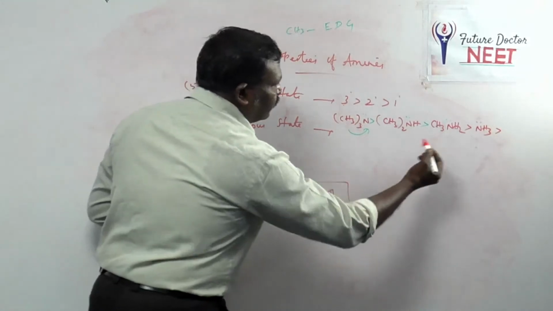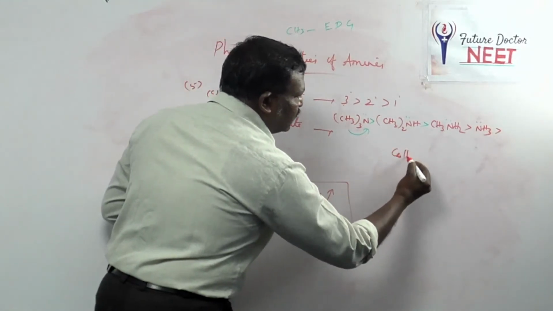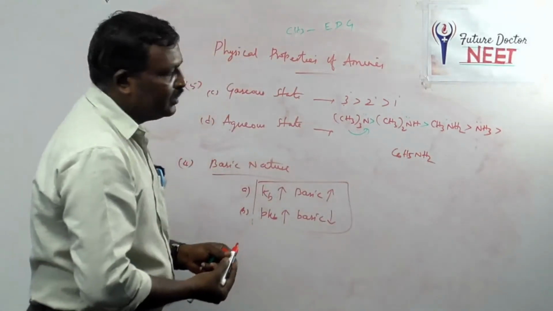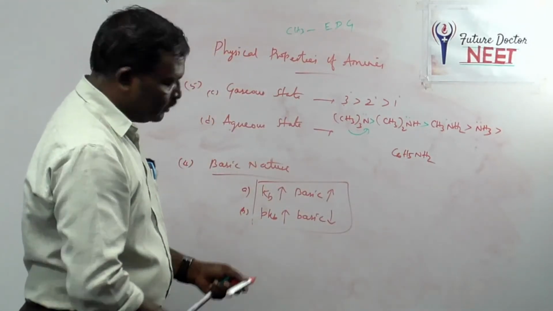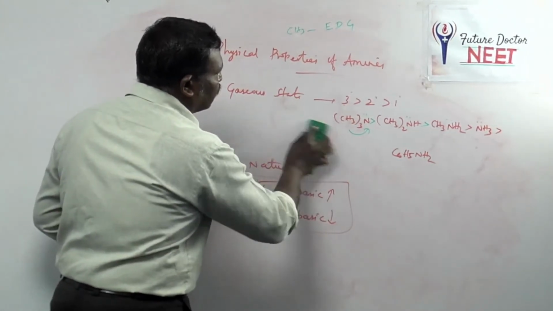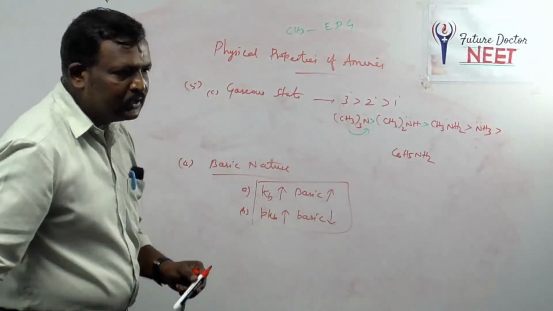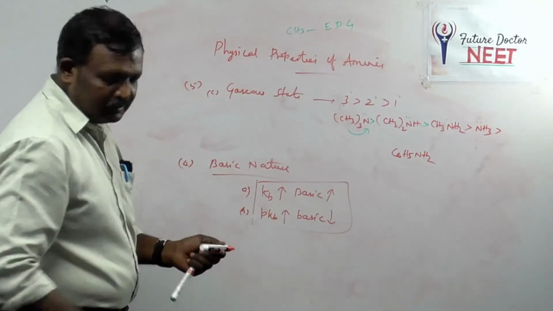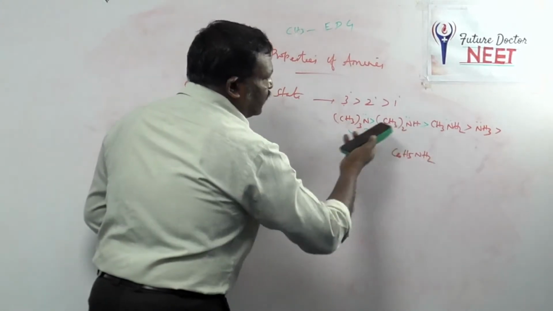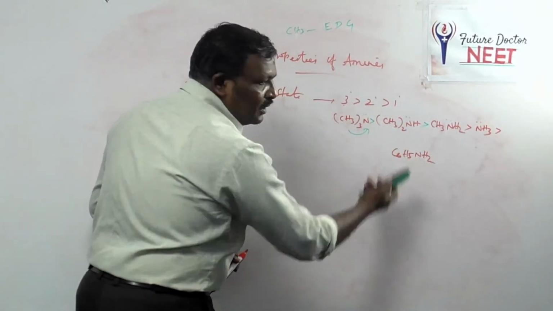Again, I write it here. C6H5 NH2. What is C6H5 NH2? Aniline, no? Okay. These are all aliphatic amines. This is what? Aromatic amine.